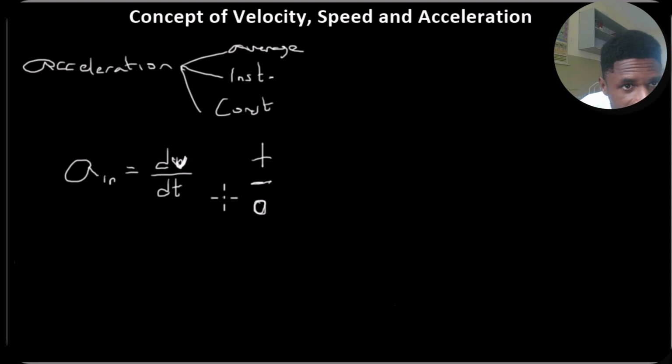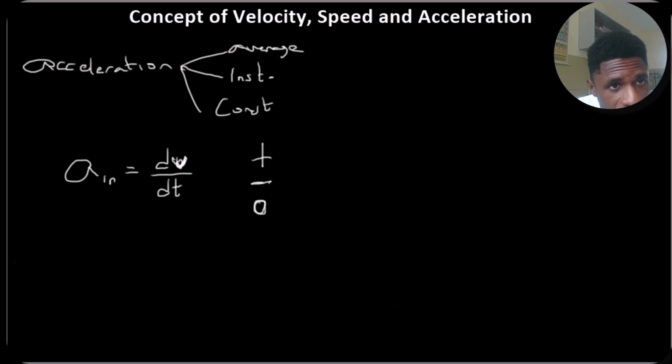So that definitely says such an object is not changing velocity, and the acceleration will be zero, because if the initial velocity and final velocity are equal, then definitely you are not accelerating. Velocity is not changing.